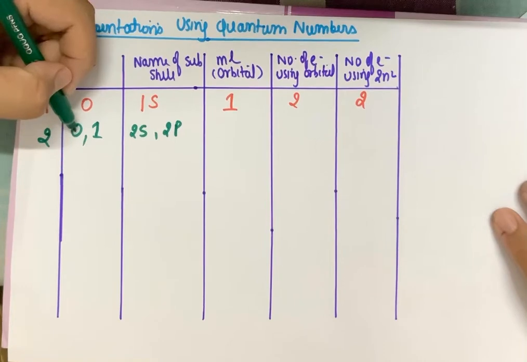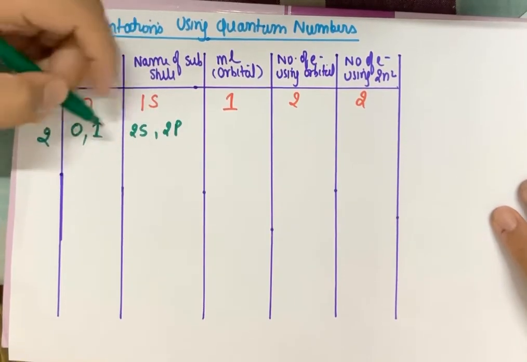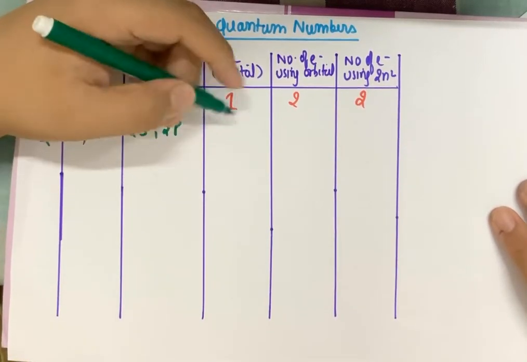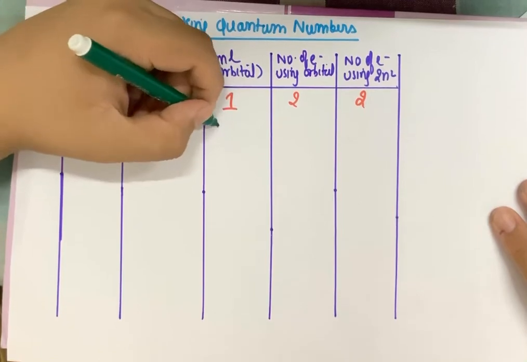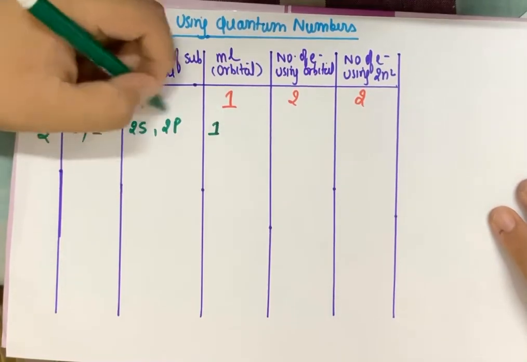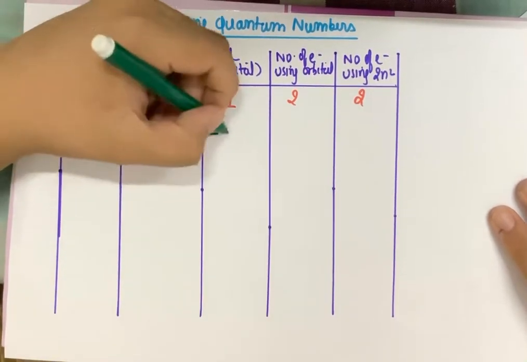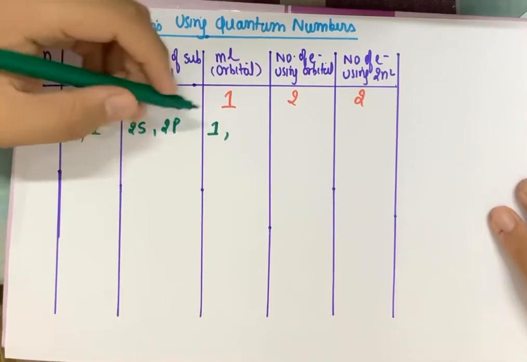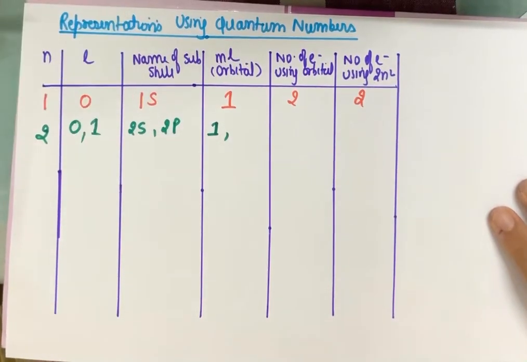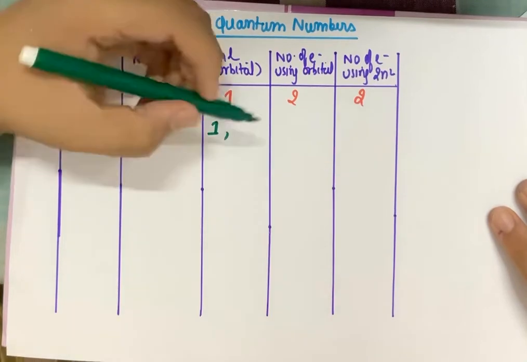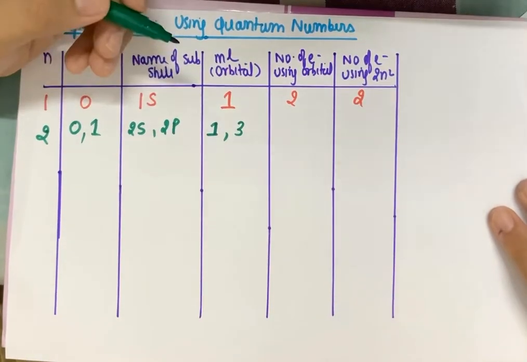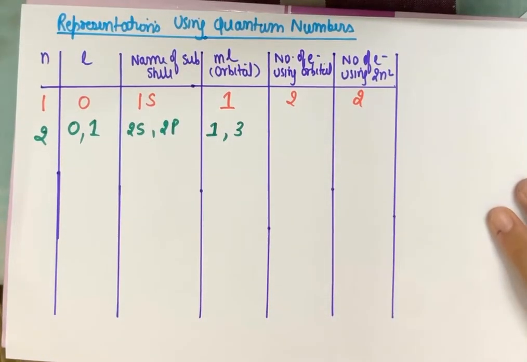L value is 0, so in this subshell the number of orbitals will be 1. S has only one orbital. And what will be the value for 2P? We'll calculate separately. 2L plus 1, L for P is 1, so 2 into 1 plus 1, that is 3. We have to calculate separately for both.